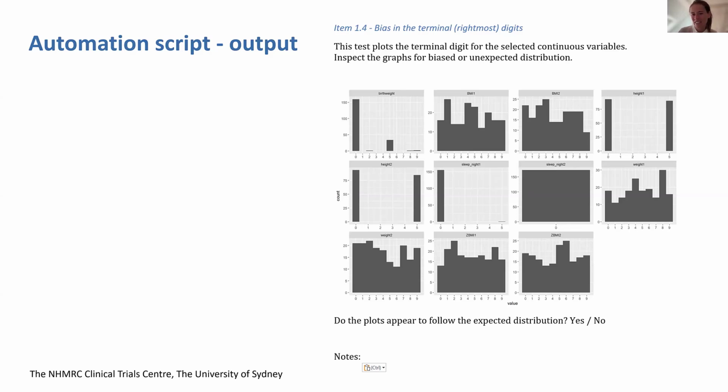So these graphs can help you to disentangle where there are some terminal digits that were used much more than others. And I think what's also important to remember here is that there may be rounding mistakes, or there may be variables that can only be measured with a 0 or 5 at the end, and that's obviously fine.